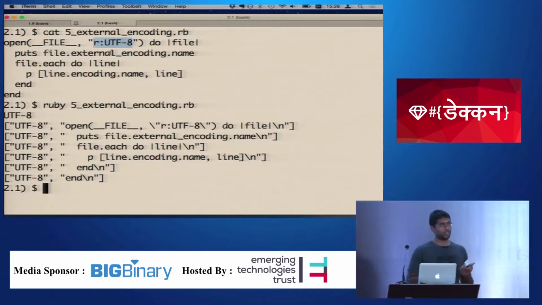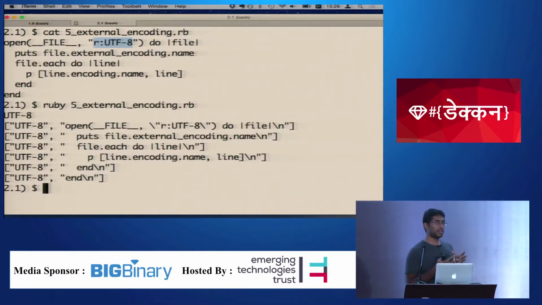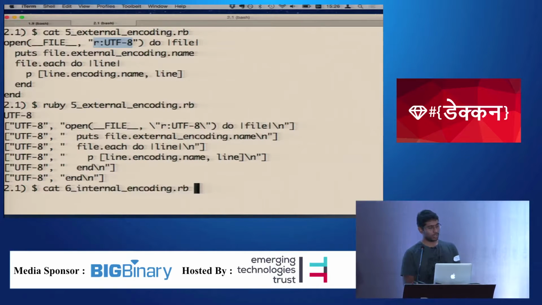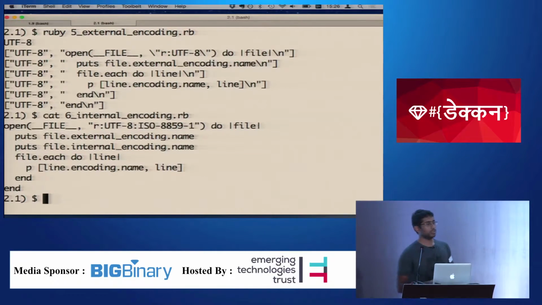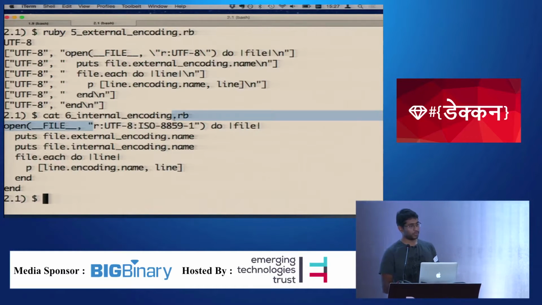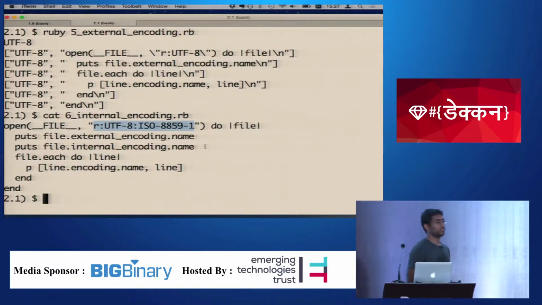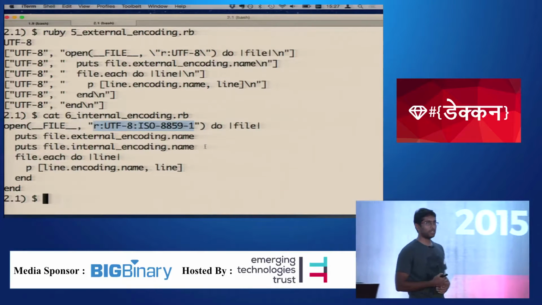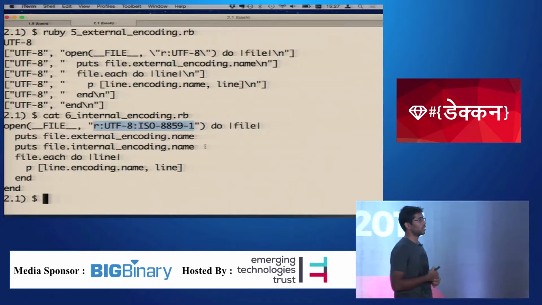So if you want to transcode it, if you want to have an internal encoding which is standard, you can actually set it. If you look at how this is changed, this is how you do it. If you do a colon ISO 8859-1, you are actually setting an internal encoding for that data.